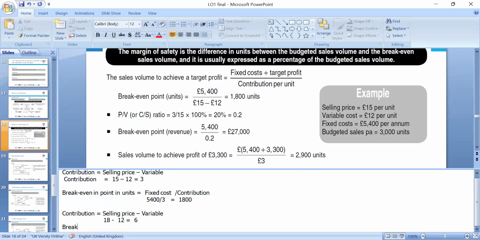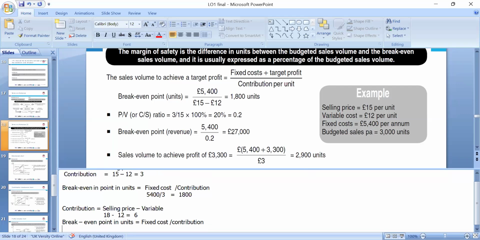Break even point in units equals fixed cost divided by contribution. 5,400, because your fixed cost stays the same, divided by 6 comes to 900.